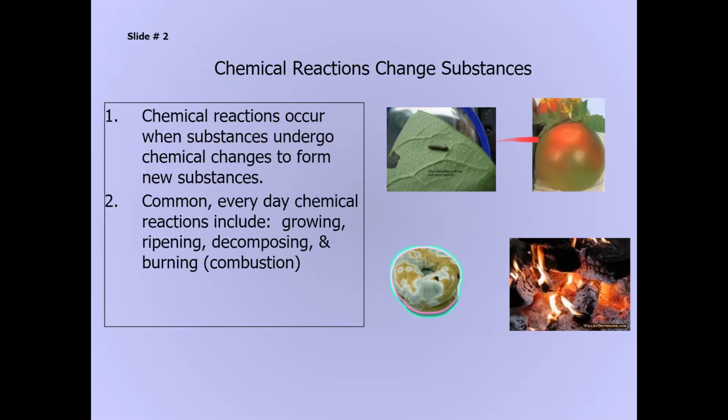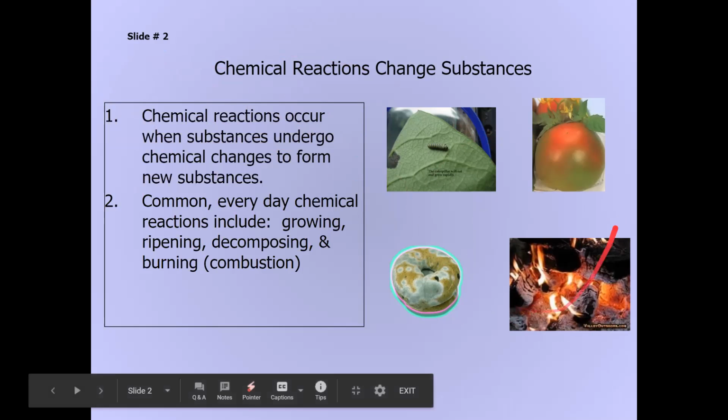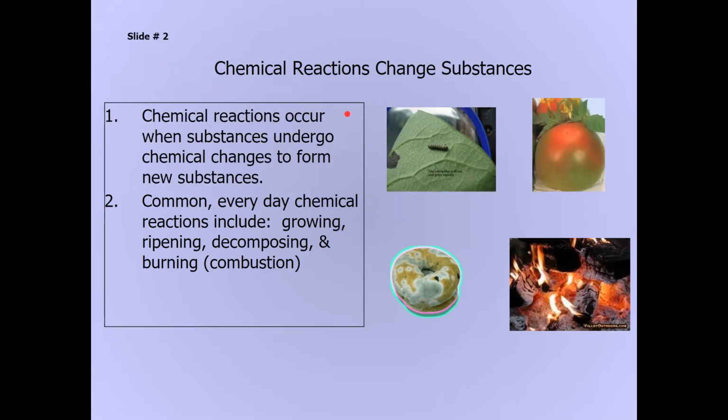So there are some common everyday chemical reactions that you might not even realize, pictured over here. It includes things like growing. As this caterpillar eats this leaf, he's going to take in the substances from that leaf. His stomach is going to break those down and get all of the sugars and carbohydrates and stuff that he needs.